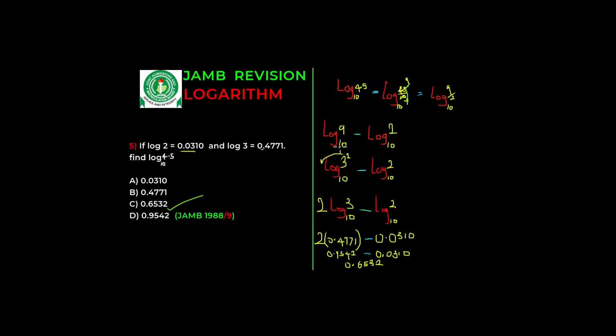We didn't have 9 to substitute with, so we broke it down to 3 raised to the power 2. The power of 2 came down, and we substituted the values of log 3 base 10 and log 2 base 10. These two had to multiply everything, and then we subtracted, and we got our answer, 0.6532.